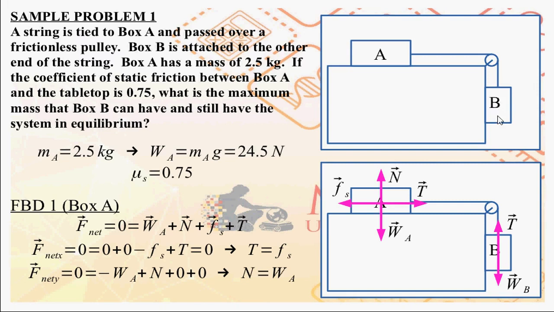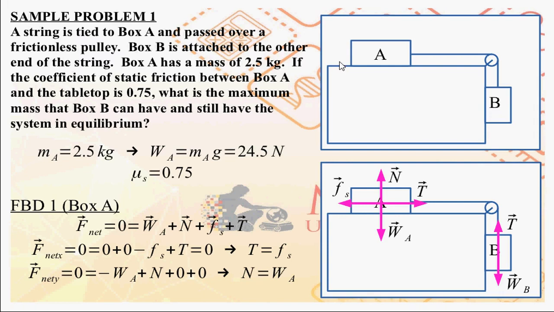If we can calculate or derive the weight of box B, we'll be able to calculate the mass of box B. And that's what the problem is asking for. Next, because of its weight, box A is pressing into the tabletop.